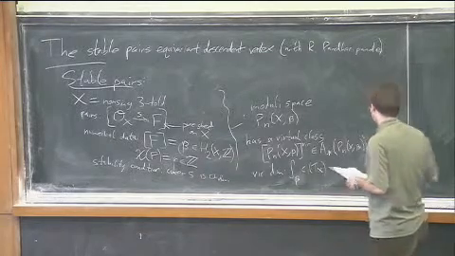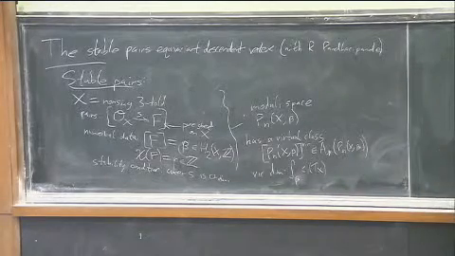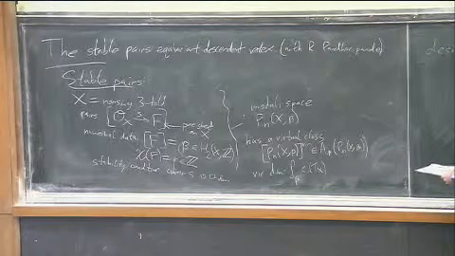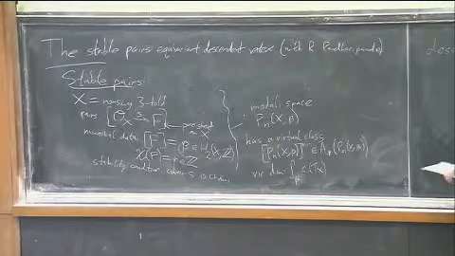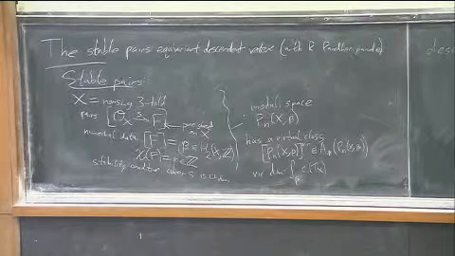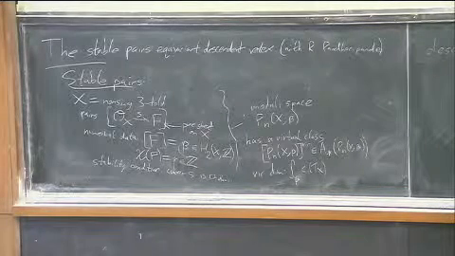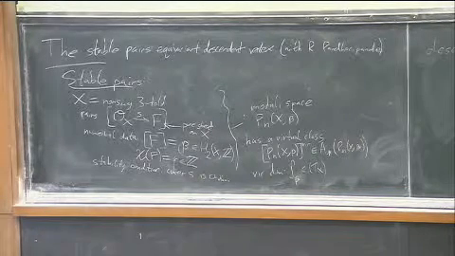So I'm not going to go into the details of how one defines the descendants, but they should be viewed as analogous to descendants in Gromov-Witten theory or Donaldson-Thomas theory, very similar to descendants in Donaldson-Thomas theory, of course.